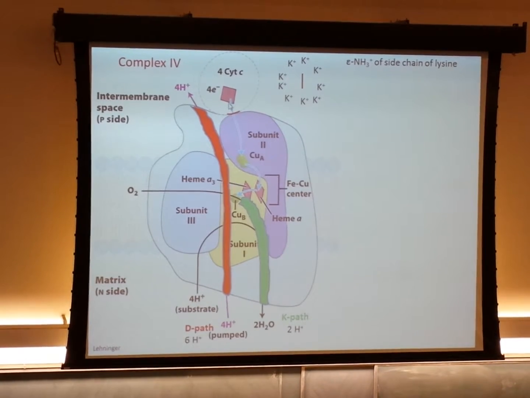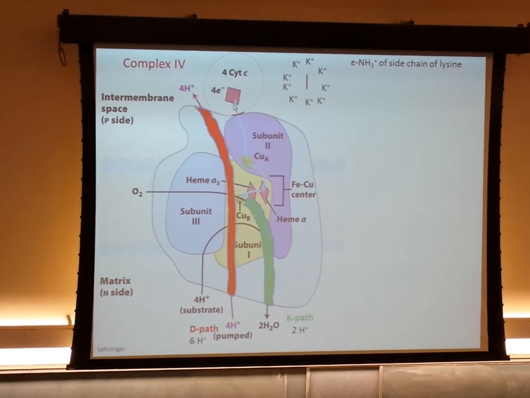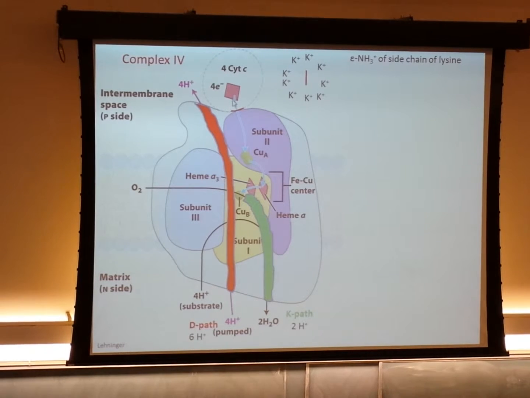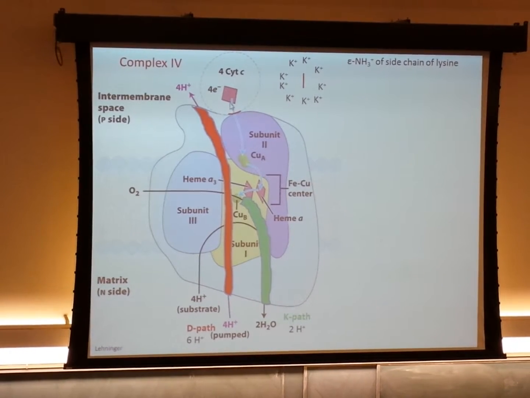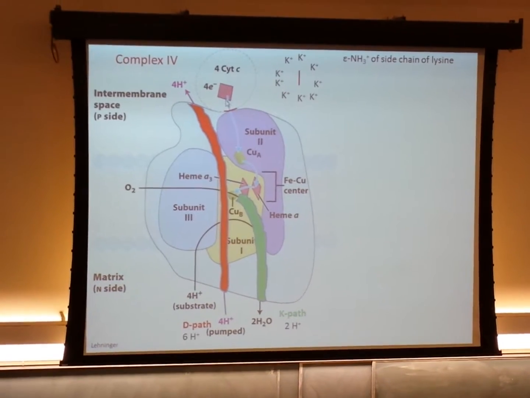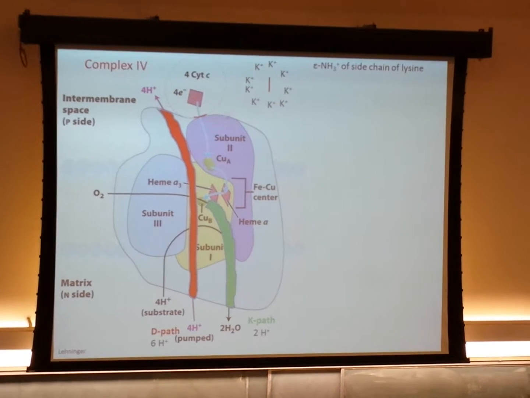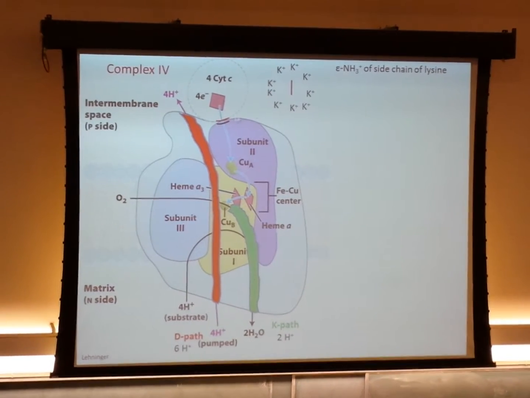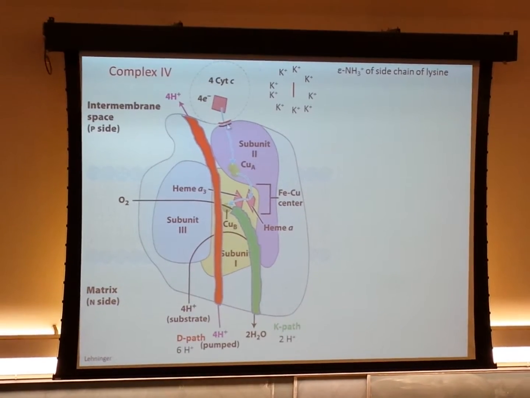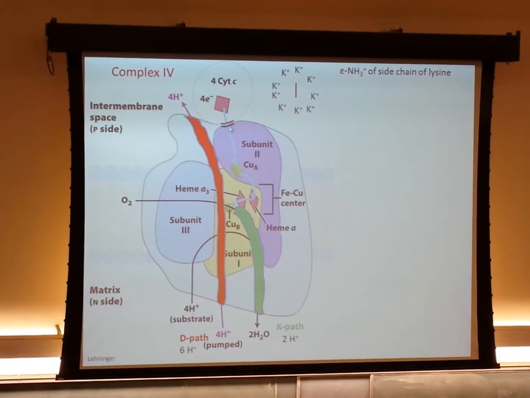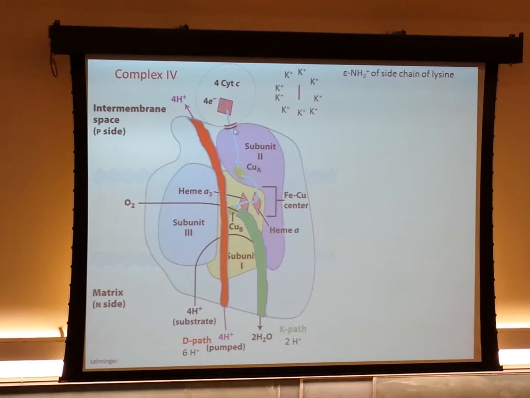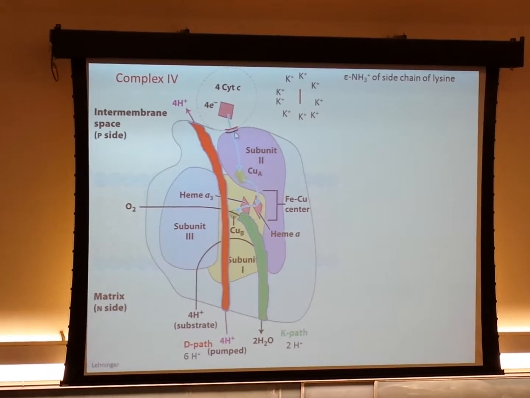So cytochrome C apparently is coming down like a little landing craft, expecting to bind to a complementary ring of negative charges. These would be aspartates or glutamates or something with a negative charge. So that would be this black line here on subunit 2. So there is a ring of corresponding negative charges.